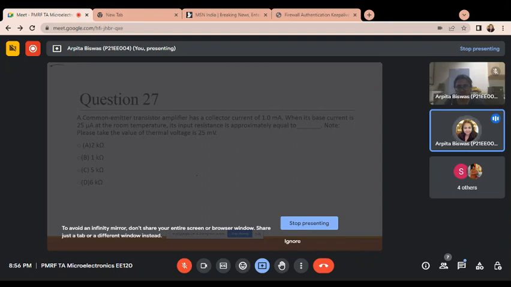And please try to solve this question. A common emitter transistor amplifier has a collector current of 1 milliampere when its base current is 25 microampere at room temperature. Its input resistance is approximately equal to dash. Note that here VT is given, which is 25 millivolts.